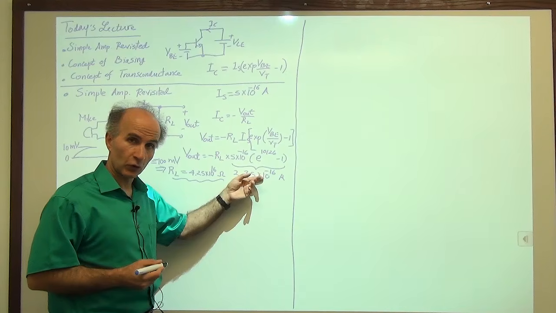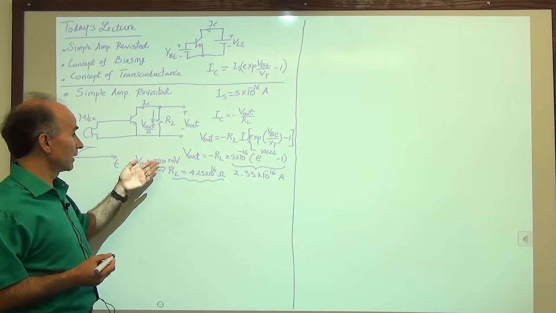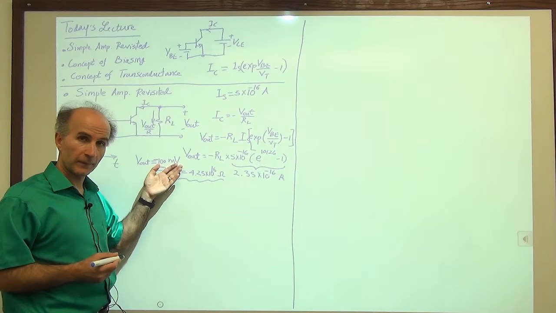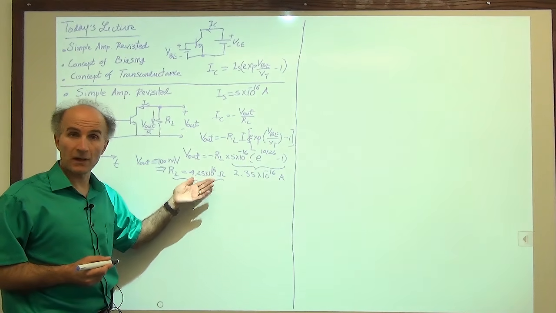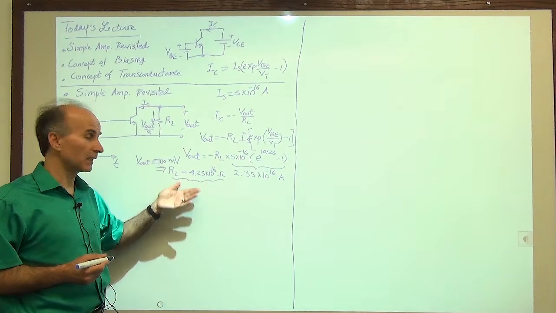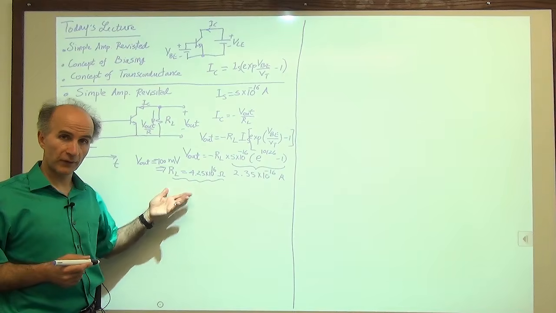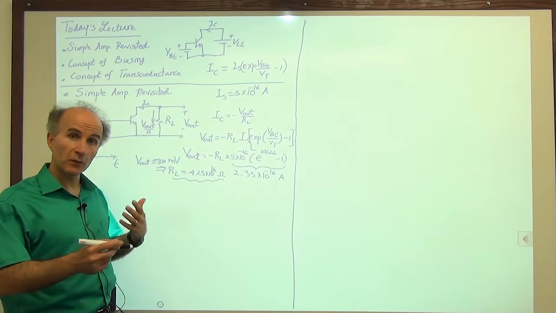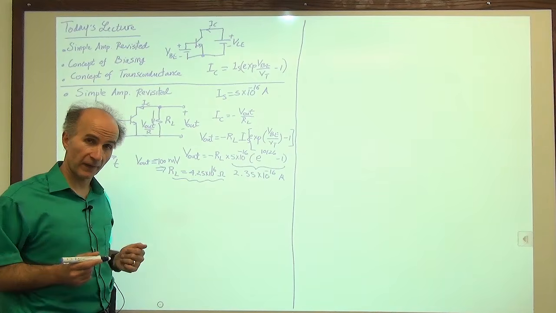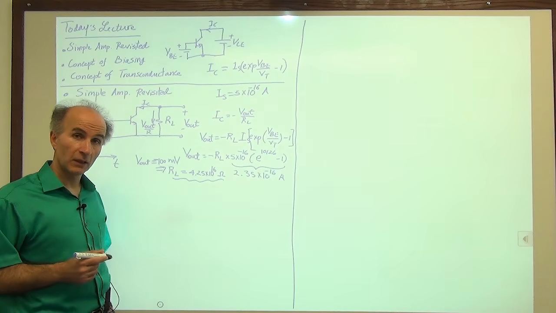For this current to be multiplied by a resistance to give us, for example, minus 100 millivolts, that resistance has to be extremely large. This is not something that we can build ordinarily. This is not something that would be practical. What's the practical value for a resistor in this type of circuit? A few kilo ohms, maybe a few tens of kilo ohms, but not more than that. So we are very far from what we should be using.